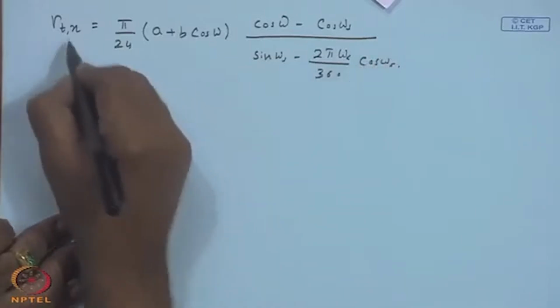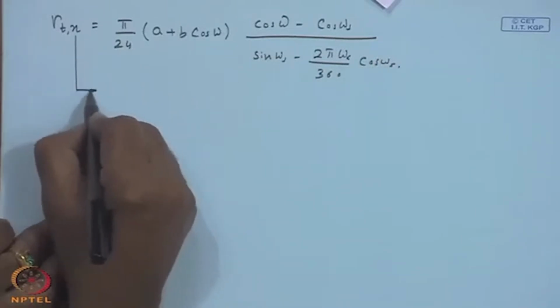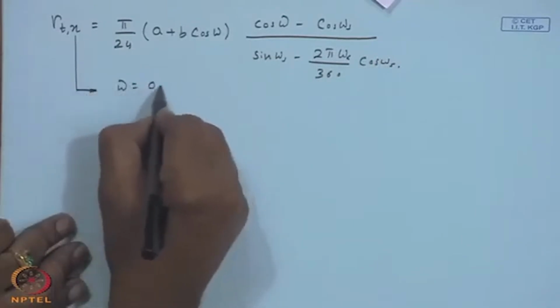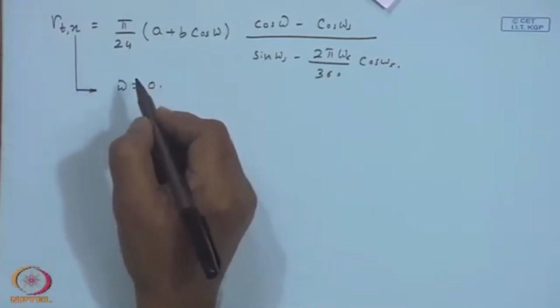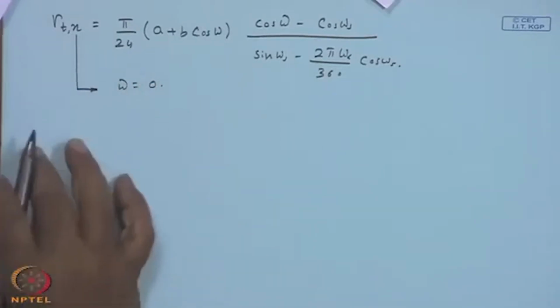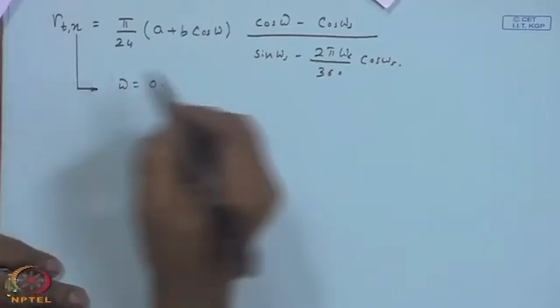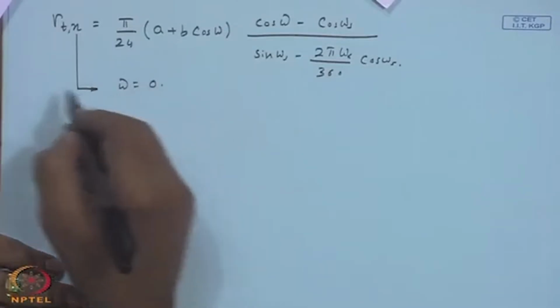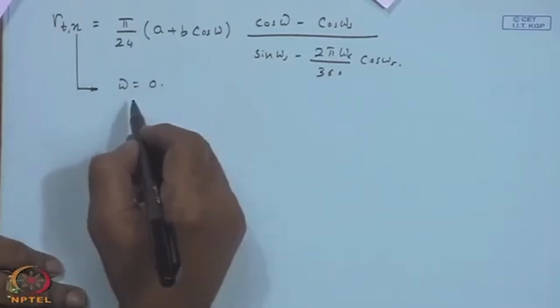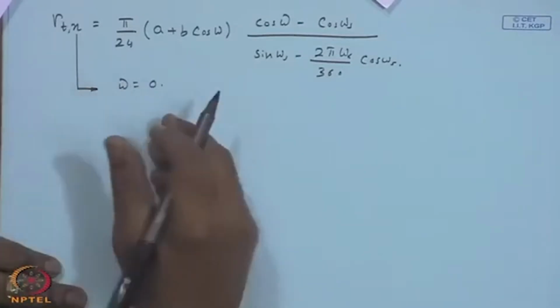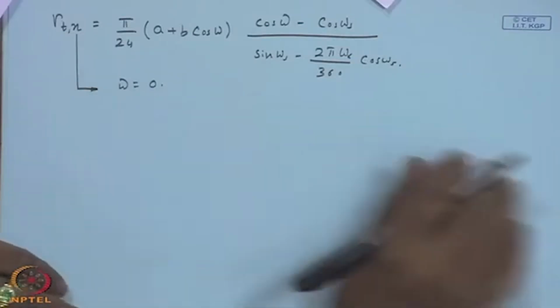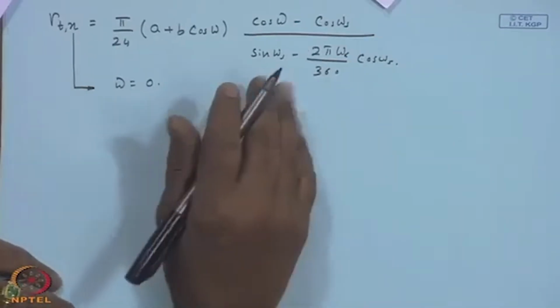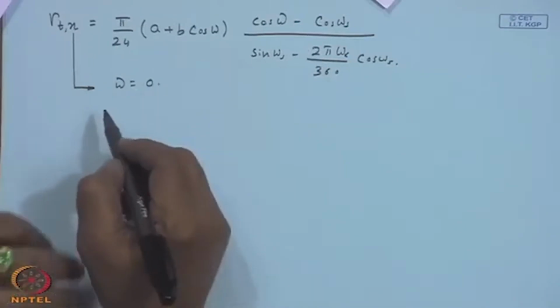This is to be calculated at noon, meaning omega is equal to 0. Typically, it may not be at times. However, we will do it at omega is equal to 0. Assume solar time is the same as the local time, that is one part, and there are certain instances where omega may not be equal to 0.